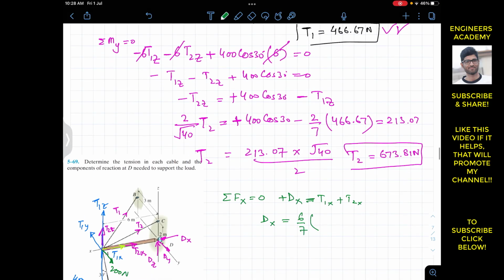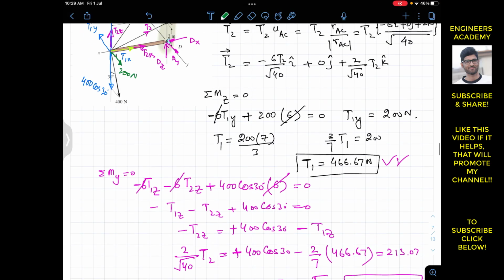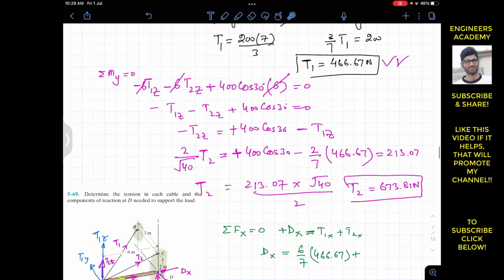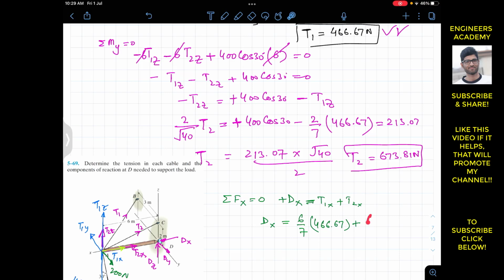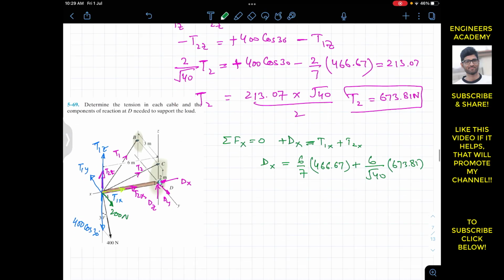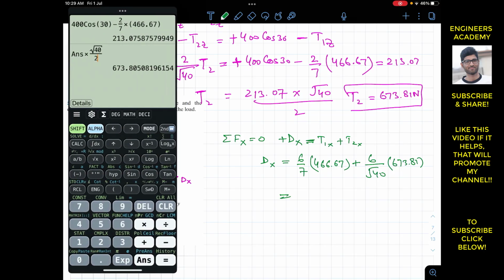We know t1, which is 466.67, plus t2x, which is 6 divided by square root 40 into t2, which is 673.81.